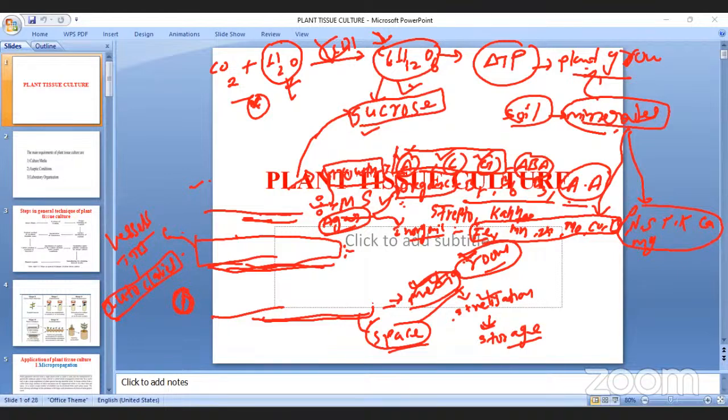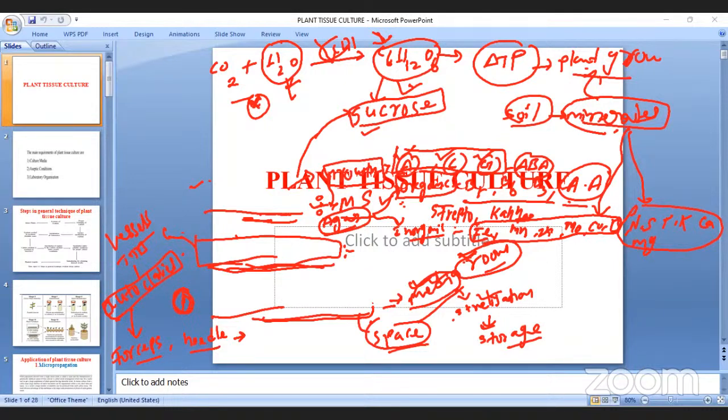Apart from the test tubes, we frequently use some instruments in the tissue culture process, like forceps, which we use for holding the explant, and a needle. As these two, forceps and needle, are minute structures, they are flamed with the help of heat.